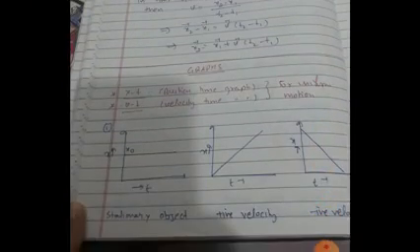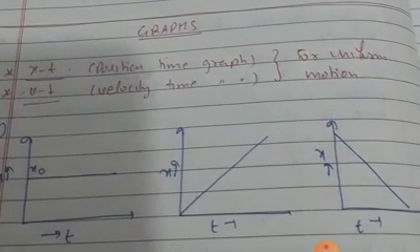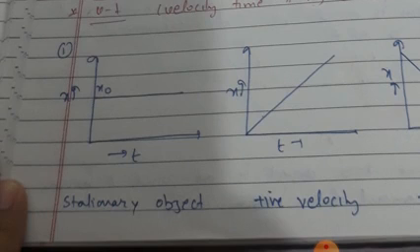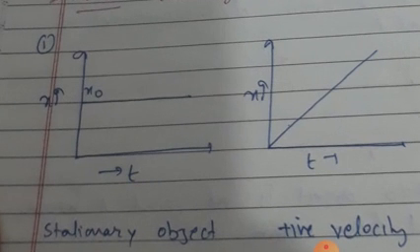Next topic: let us study the graphs corresponding to uniform motion. We discuss two types of graph: the position-time graph, which is represented by xt, and the velocity-time graph, which is represented by vt. The first graph I have shown is for a stationary object. x we are taking along the y-axis and t along the x-axis, as t is the independent variable, so it is taken along the x-axis, and the dependent variable is taken along the y-axis. A stationary object's position does not change with respect to surroundings and with respect to time, means at every time it has one value, and let this value be x naught.